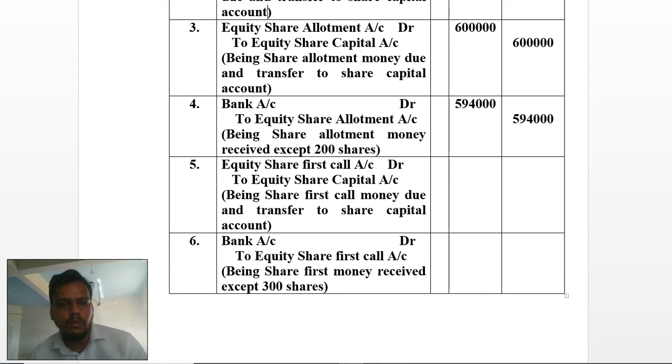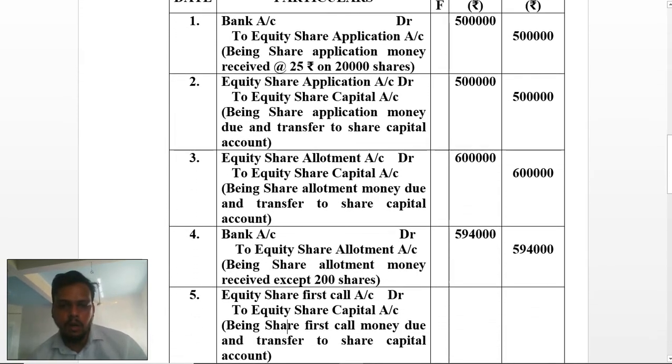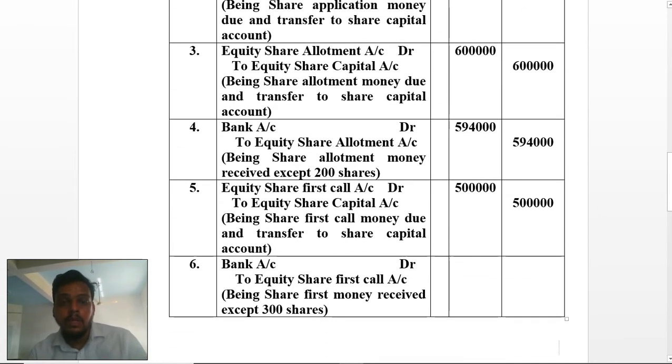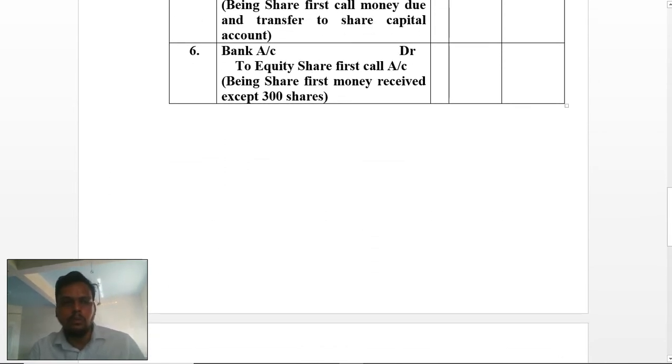Now, if we go with the first call, it says that 25 rupees has to be received for 20,000 shares. Now, the amount which has to be received here is 5 lakh rupees. According to the question, we have to receive 5 lakh rupees here. But we have not received the amount of 300 shares. So what we will do, we will put directly an entry over here. We will not write calls in arrears in this question.